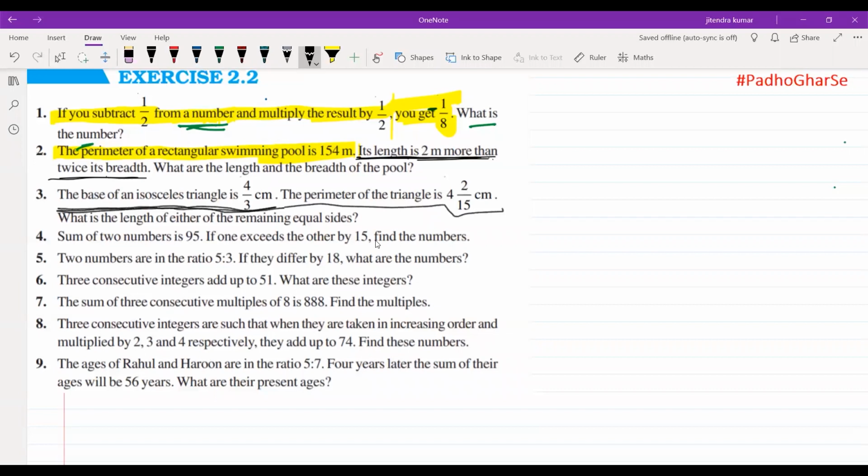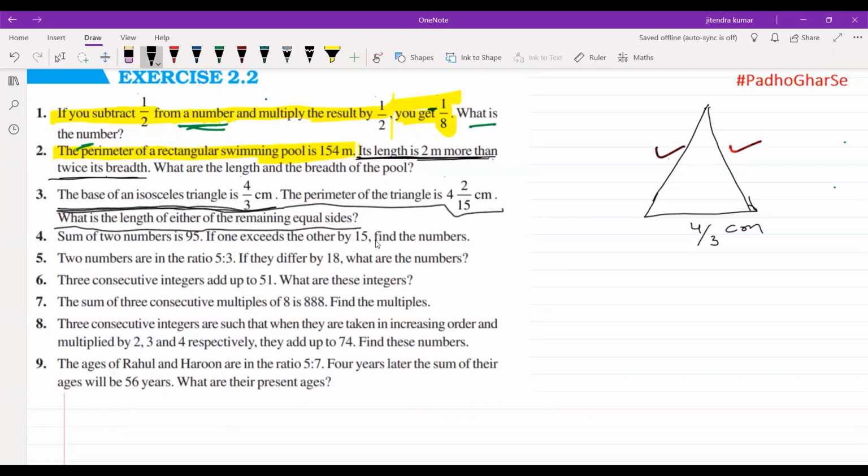62 by 15 centimeter. Then what is the length of either of the remaining equal sides? So what is happening here? There is an isosceles triangle in which these two sides are equal, and this is its base, which is equal to 4 by 3 centimeter.